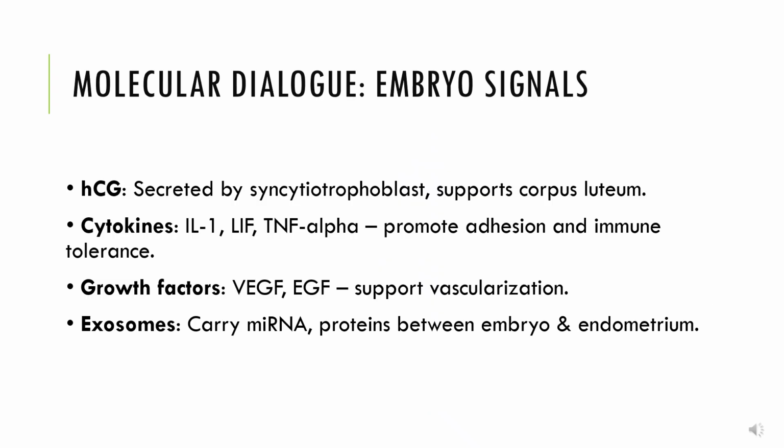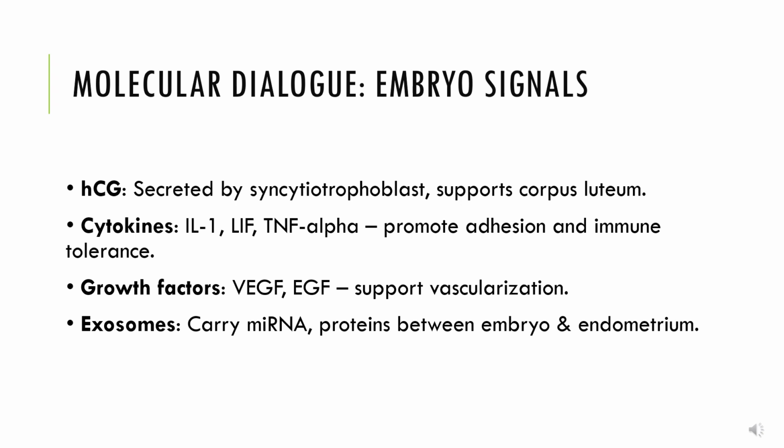The embryo actively sends signals to the endometrium to prepare it for implantation. One major signal is human chorionic gonadotropin, which is produced by the outer syncytial layer of the embryo and helps maintain the corpus luteum for progesterone production. The embryo also releases cytokines, such as interleukin-1 and leukemia inhibitory factor, that promote adhesion and allow the immune system to tolerate the embryo.